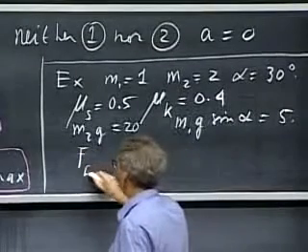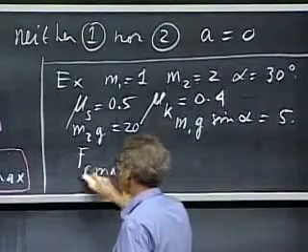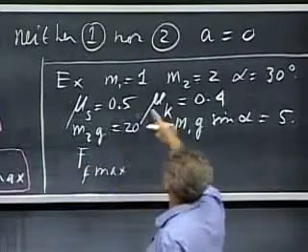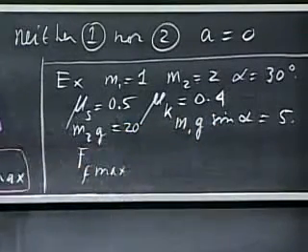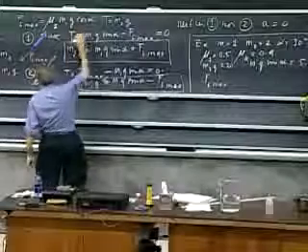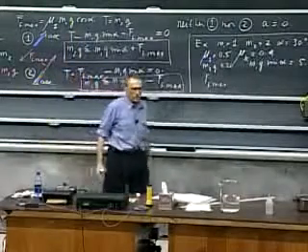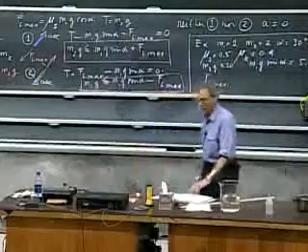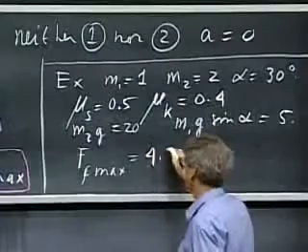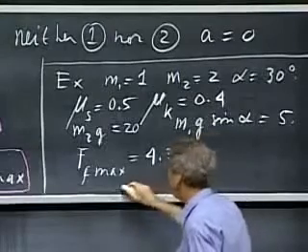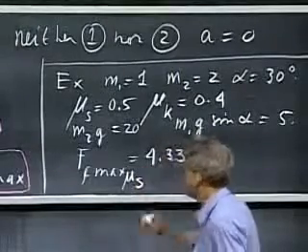And what is f max? I have to use for my friction coefficient 0.5. I have to use for m1g here a 10 and the cosine of 30 degrees. And what I find, you have to take my word for it, is that this is about 4.33. And I want to remind you, I have used the static friction coefficient.